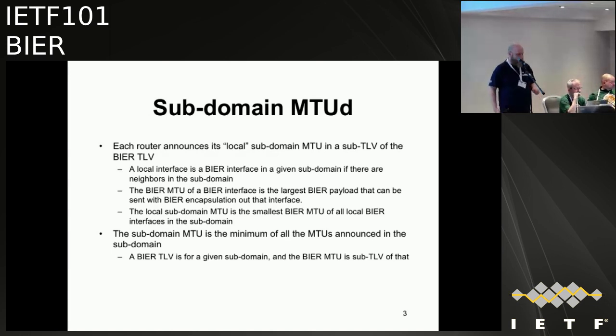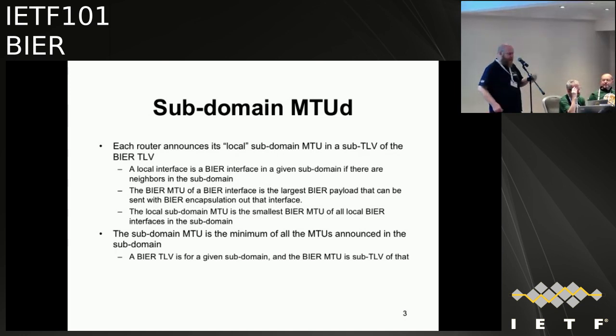I wanted mainly to have a discussion whether this is useful, and please comment on the list. This last slide just talks about how you actually do this. The idea is a router looks at all its local interfaces with BIER neighbors in a subdomain and finds out what is the smallest MTU of all my local interfaces.